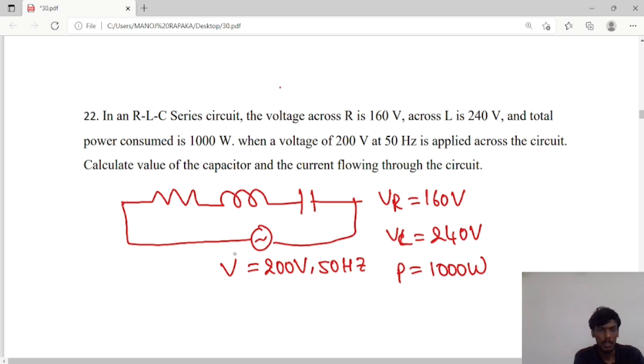He has asked to calculate the capacitor as well as the current flowing through the circuit.